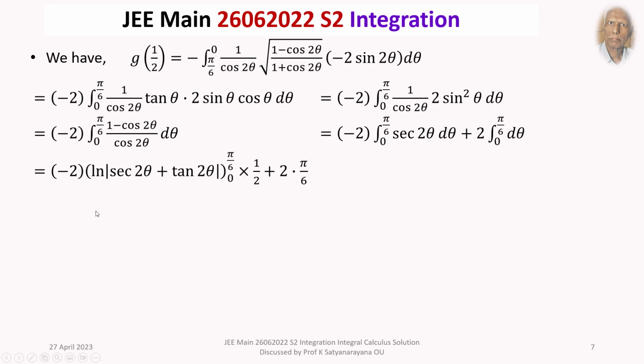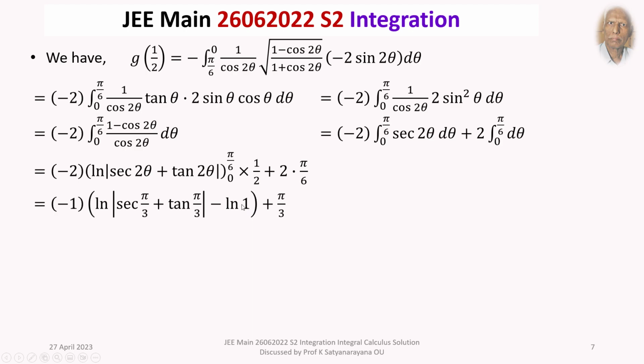So you will get minus 1 into logarithm of secant 2 theta for the upper limit. So theta is pi by 6, 2 theta is pi by 3. So logarithm of mod of secant of pi by 3 plus tan pi by 3 minus ln of mod of secant 0 plus tan 0. Secant 0 is 1, tan 0 is 0. So you will get ln of 1.